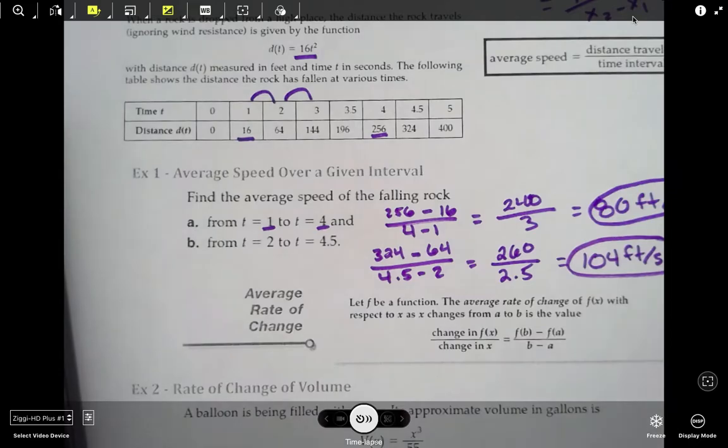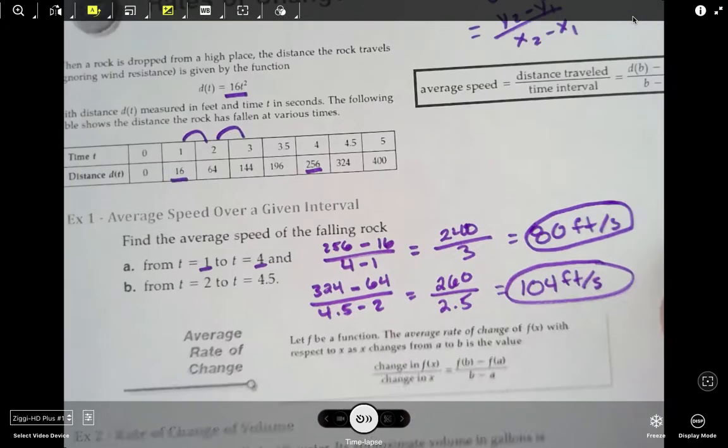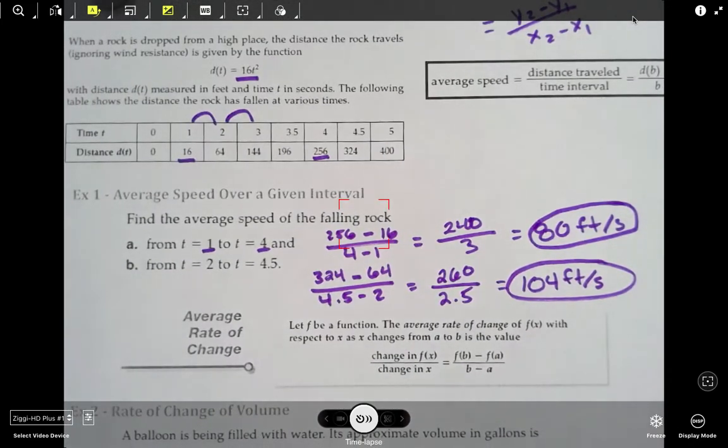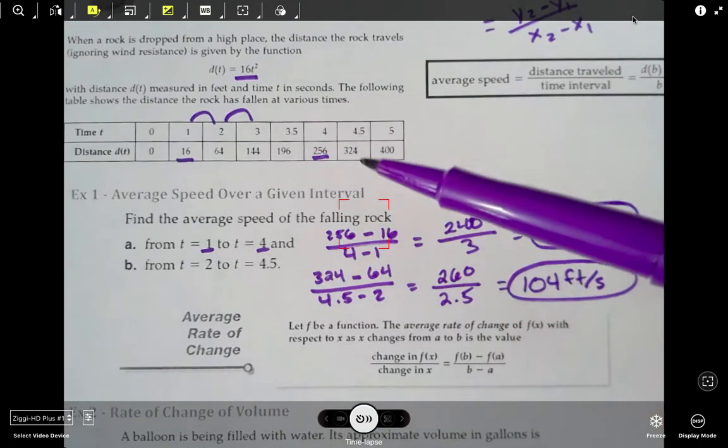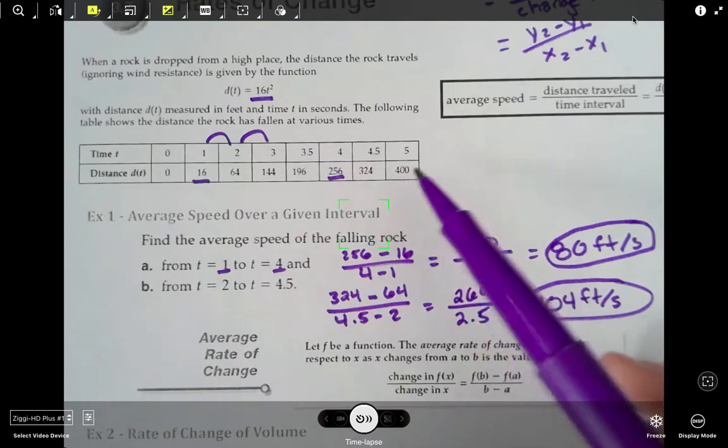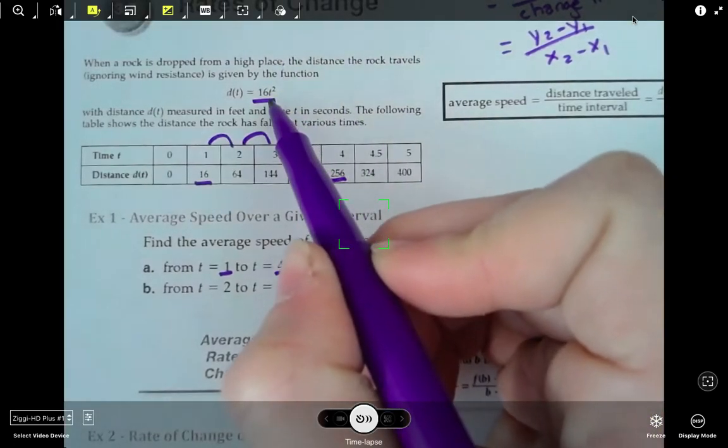So you can kind of see how, in different time intervals, it's traveling faster or slower, and that's just because you're not increasing your speed at a linear rate, right? It's quadratic.